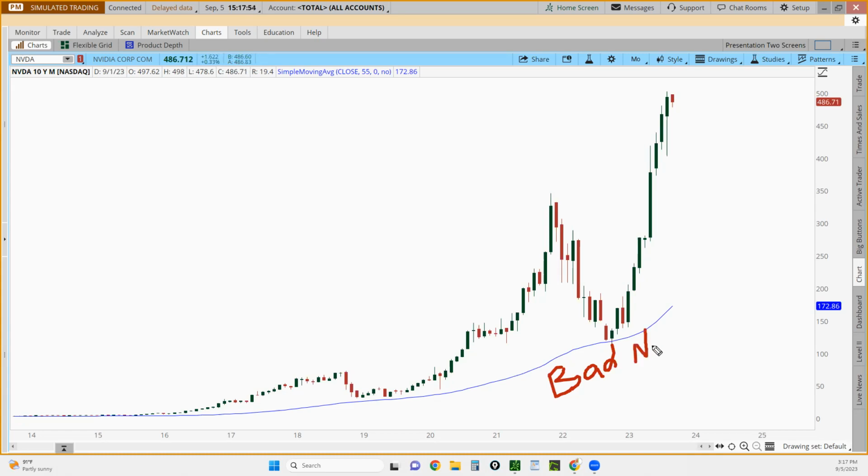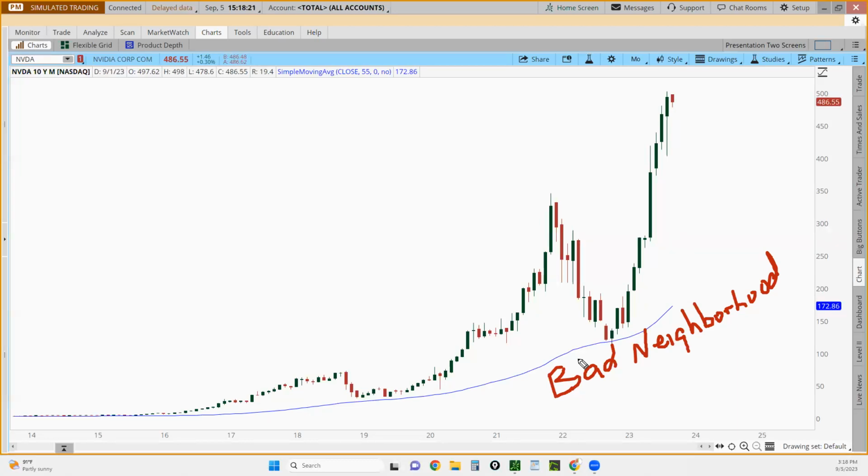But anyways, bad neighborhood. I'm not even sure. Neighbor. Hopefully I spelled that right. Okay. Everything below the blue, the 55 simple moving average, is the bad neighborhood.